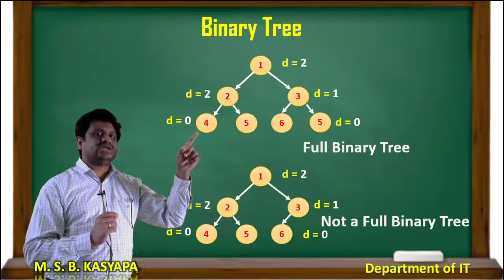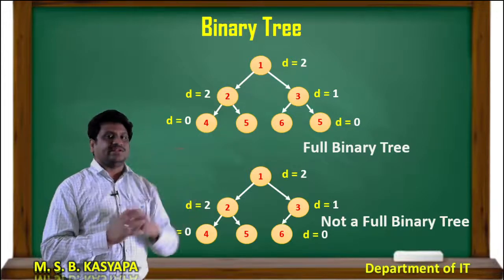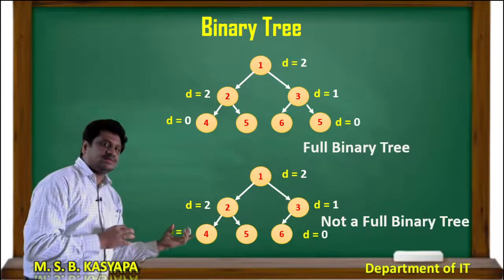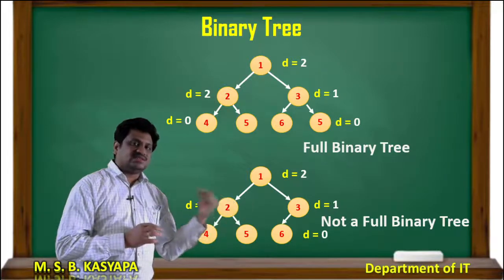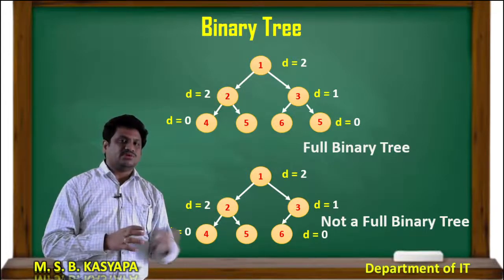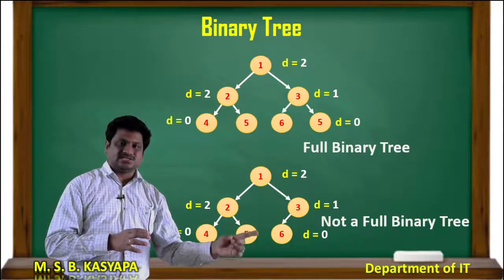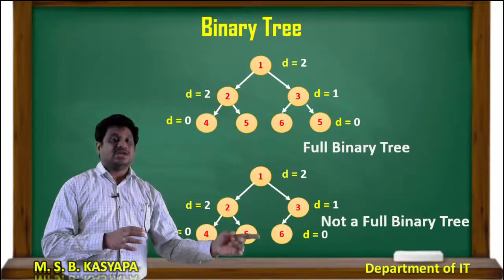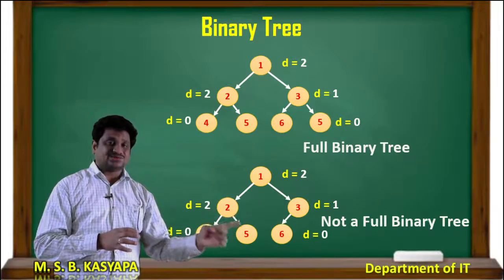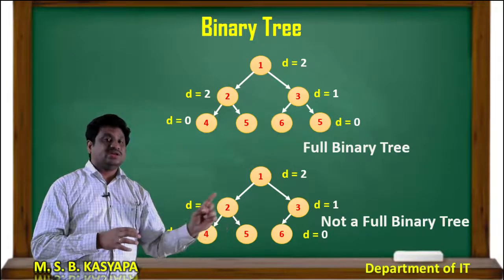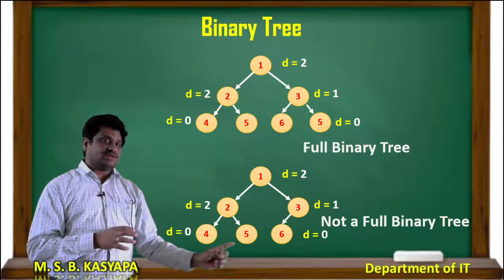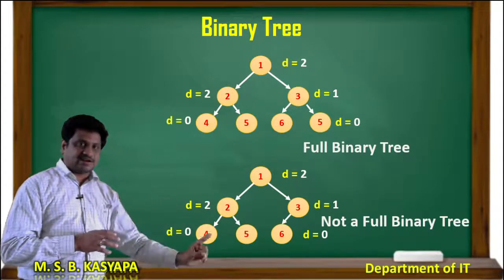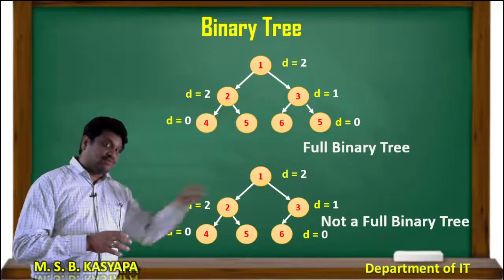The condition is satisfied. That's why it is a full binary tree. But if you consider node 3 here, in node 3 we have only one node, that is node 6. So it is against the full binary tree. That's why this tree is not a full binary tree. It is a binary tree, but it is not a full binary tree.